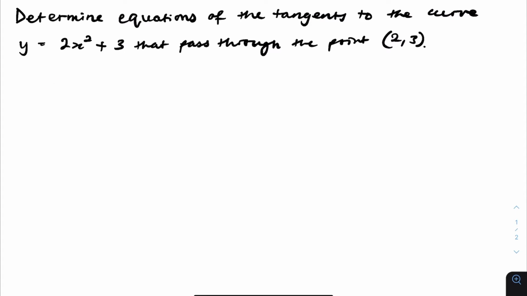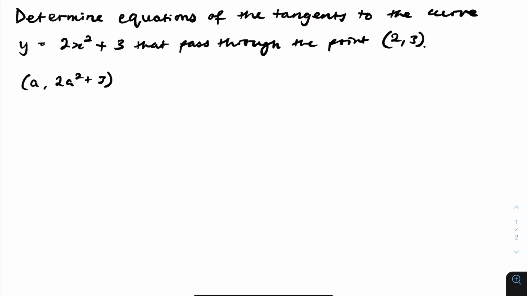So 2x squared plus 3 that passes through the point (2, 3). Well, let's imagine a point on the curve y equals 2x squared plus 3. That would be (a, 2a squared plus 3). You might be wondering, where did a come from?